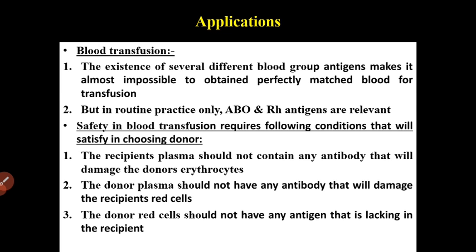Rh compatibility is important only when the recipient is Rh negative. Now, how? An Rh positive person may safely receive either Rh positive or negative blood, but an Rh negative individual receiving Rh positive blood may form antibodies against the Rh antigen. Subsequently, it will result in what?